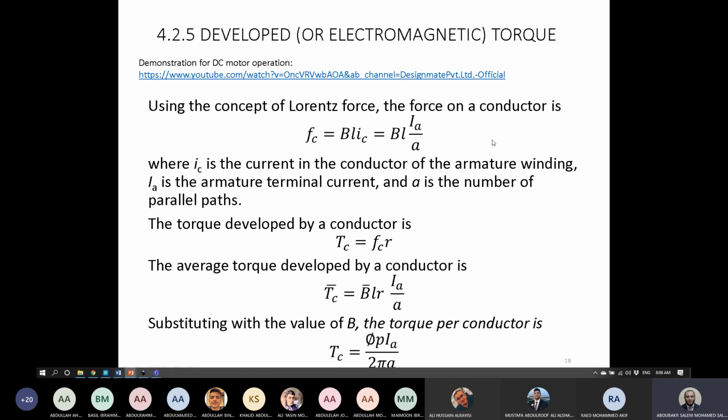Who can reply? Yes, doctor. Changing the polarity. So commutation here means rectification, for the AC which is inside the machine to DC which is outside the machine.